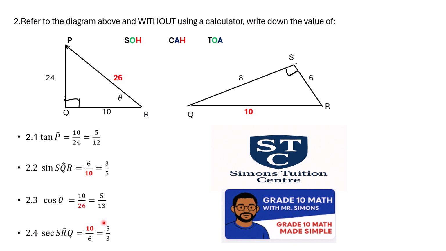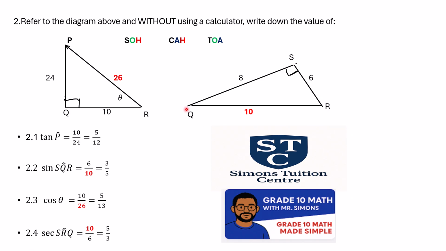Alright. Then they want sec. I assume you remember sec is 1 over cos. So if cos is adjacent over hypotenuse, then sec would be hypotenuse over adjacent. You should have learned that in the previous topic. If you don't know, then go to trigonometry. Alright, so they want sec SRQ.